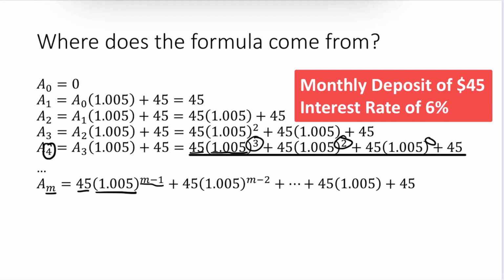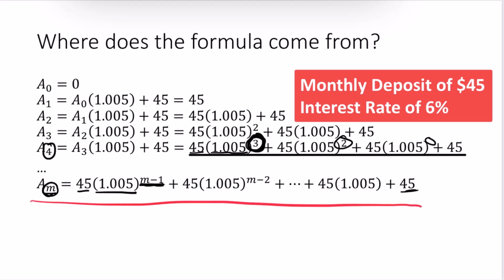Because when we were at 4 months, we had a largest exponent of 3. And so after m months, we're going to have a largest exponent of m minus 1. And then that's going to decrease all the way down until you just have a 45 that's not multiplied by anything. And so this equation tells us how much money we're going to have at month m.